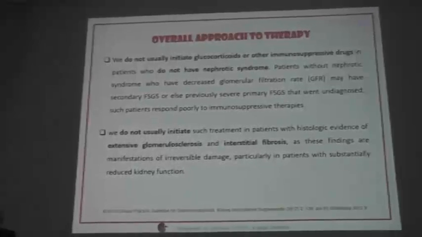It's very important: in a patient who has, for example, tubular atrophy of more than 30%, or extensive glomerulosclerosis, or interstitial fibrosis, the role of glucocorticoid or other immunosuppressive medication is going to be very minimal.